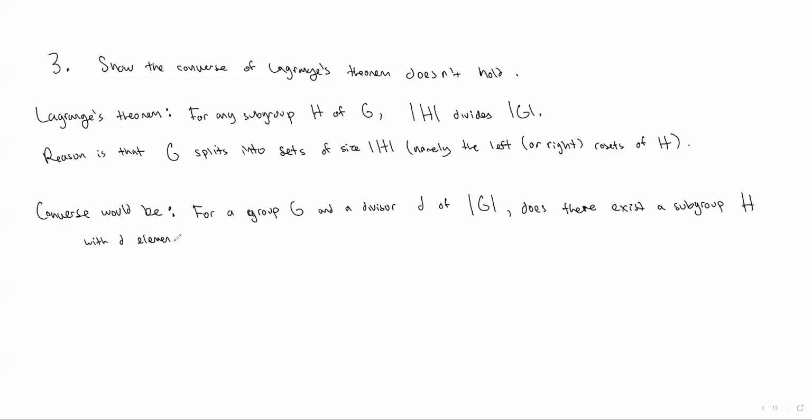Lagrange's theorem says the number of elements of a subgroup has to be a divisor. The converse would be, for any divisor, is there a subgroup with that number of elements? The answer is no.